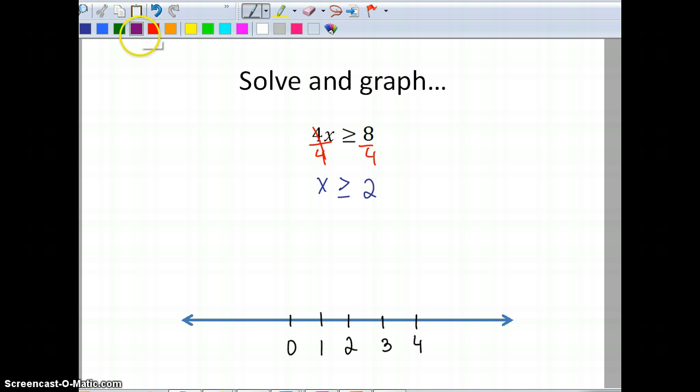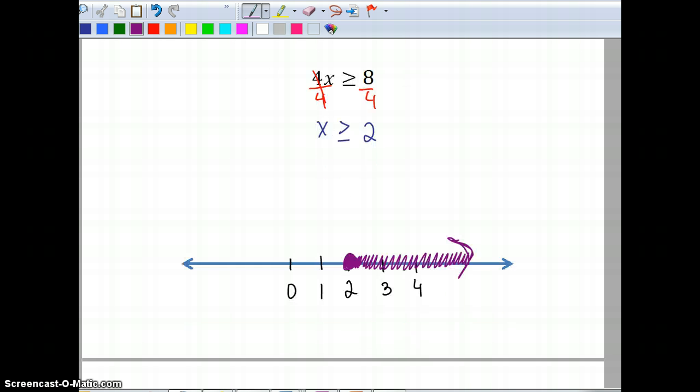I'm going to have a closed circle at 2. And I'm going to shade the areas where x is larger than 2. So 3 is larger than 2, so I know I'm going to be shading to the right. Then put my arrow on the end to let whoever's looking at my graph know that it continues.